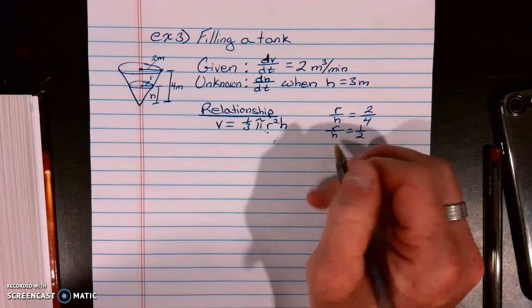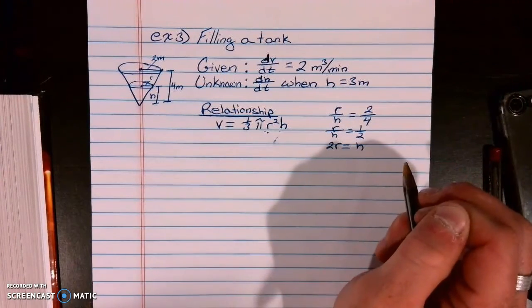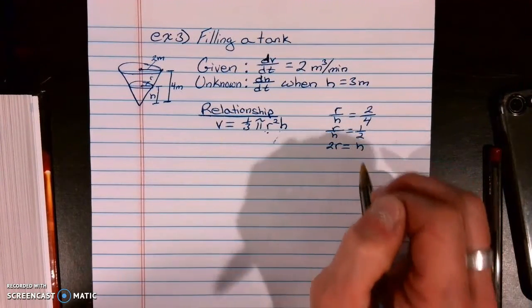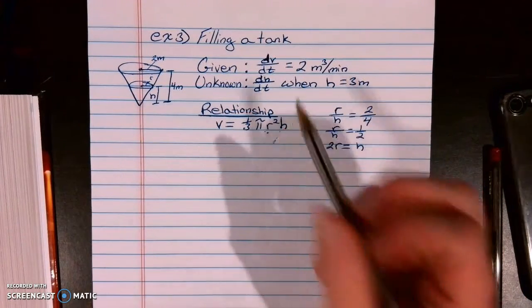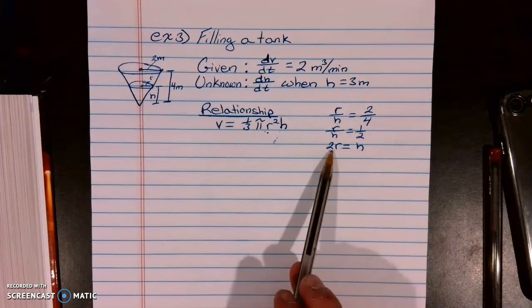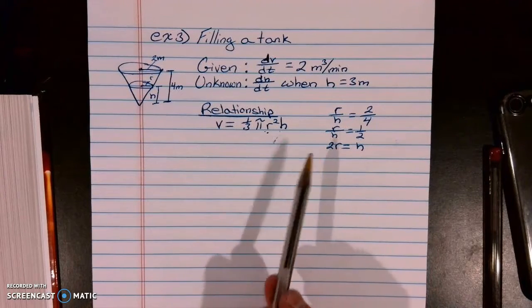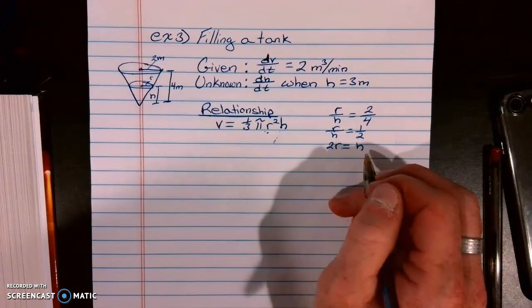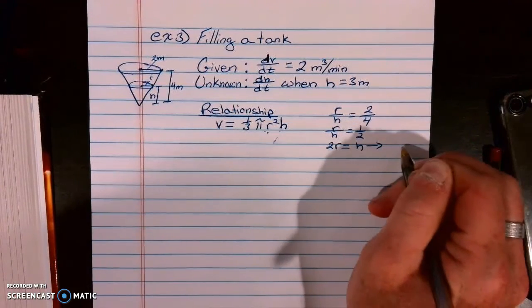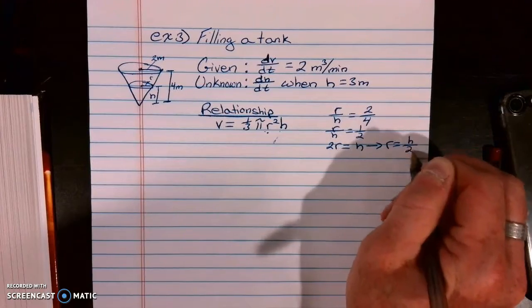Furthermore, 2r equals h, but what I'm looking to do is eliminate r. If I was to plug 2r in for h into this equation, I'd be eliminating h, and that's a huge part of this problem. So I manipulate it one more time, and I can say that r equals h over 2.